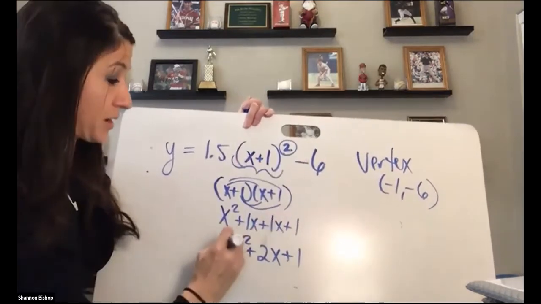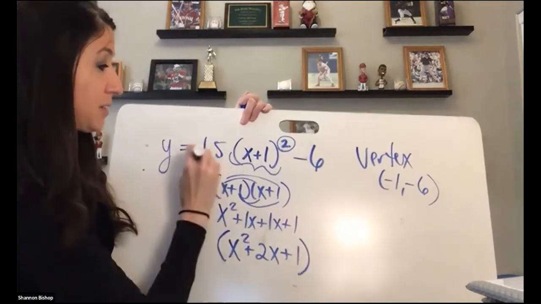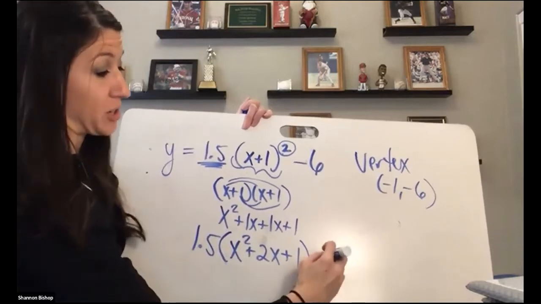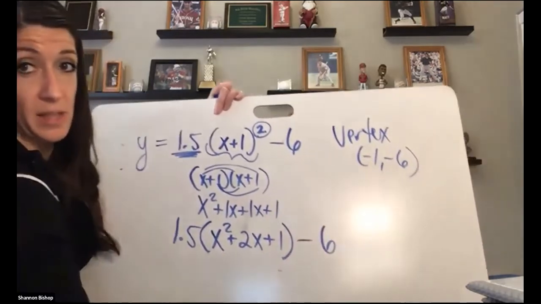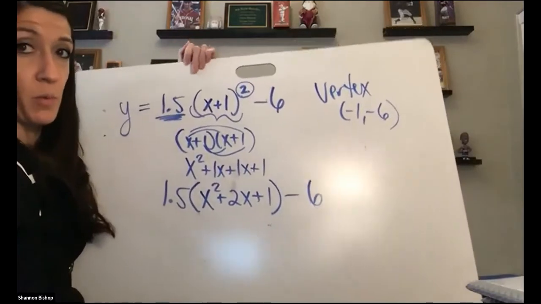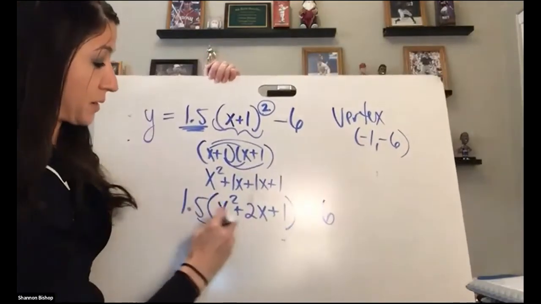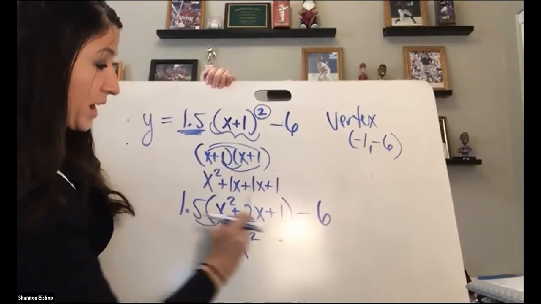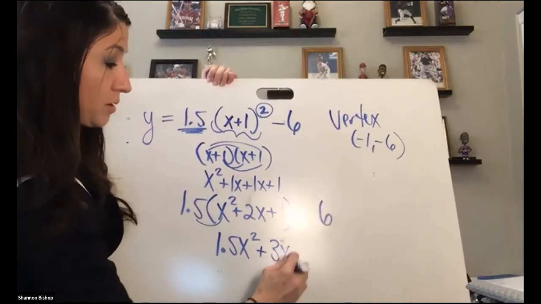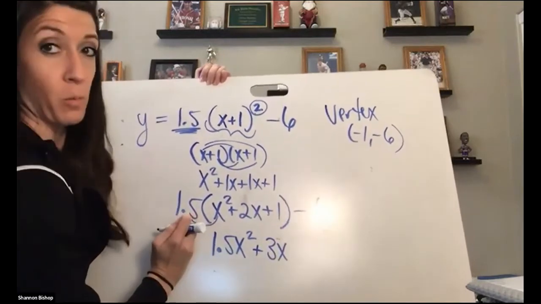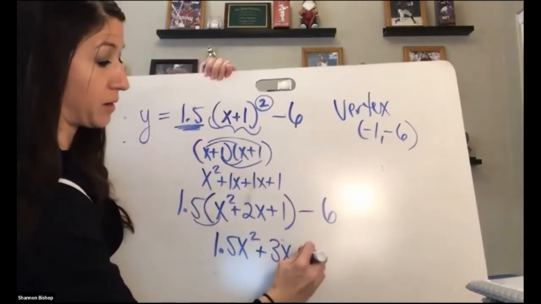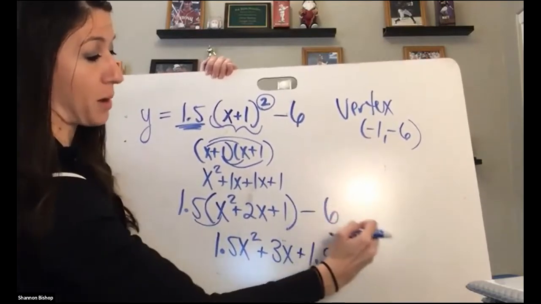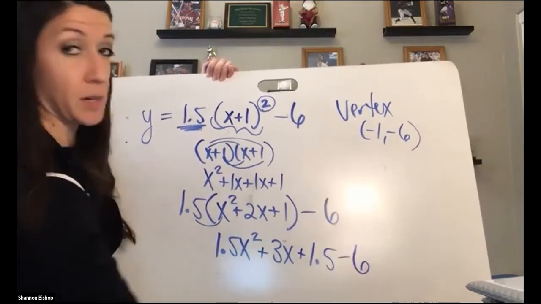And now you can bring everything else down. So all of that still has to get multiplied by 1.5. And then eventually you also have to take away 6. We'll do that at the end. But first, let's distribute the 1.5. So 1.5 times x squared is simply 1.5x squared. 1.5 times 2 is 3x. 1.5 times 1 is 1.5, but then now drop down the take away 6.